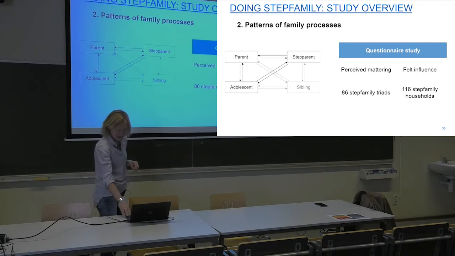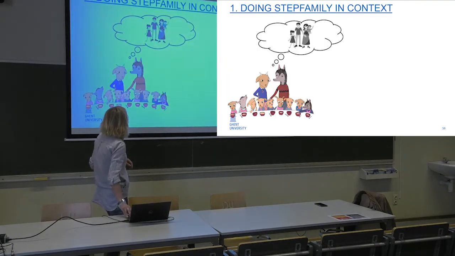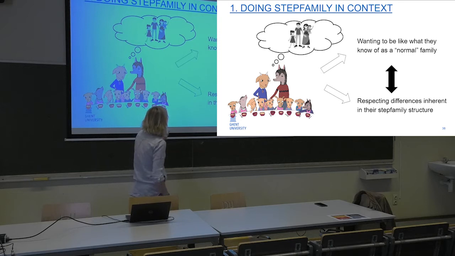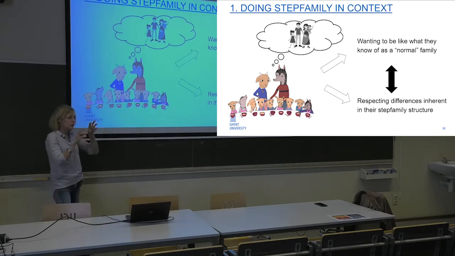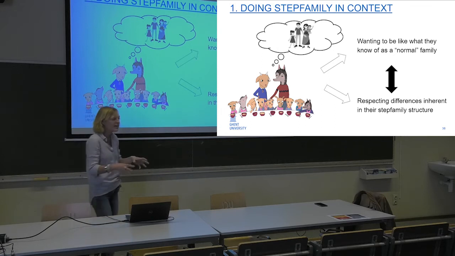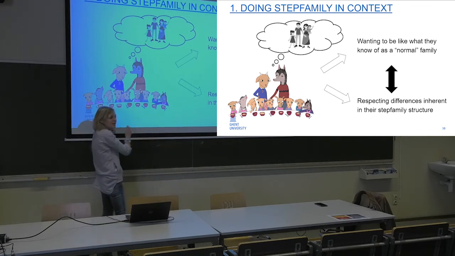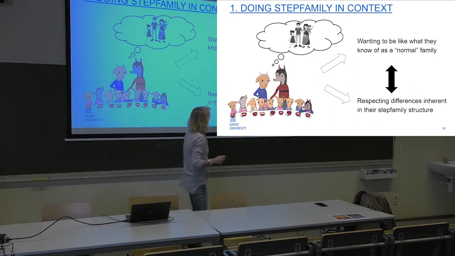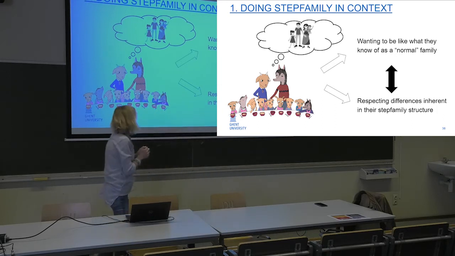Okay. So that's the overview of the findings. Maybe first the qualitative ones. This is something that I reflected on in my inaugural talk, really this ambivalence about wanting to be a normal family and trying to be normal and doing normal things and ordinary things. And then all these differences and respecting all these differences.